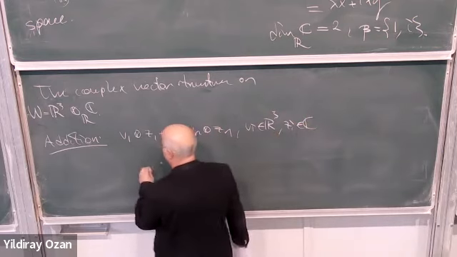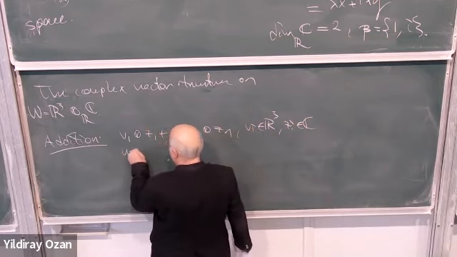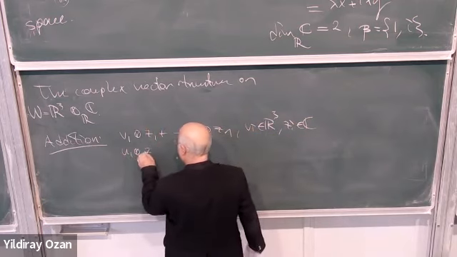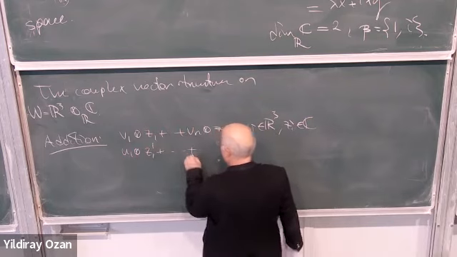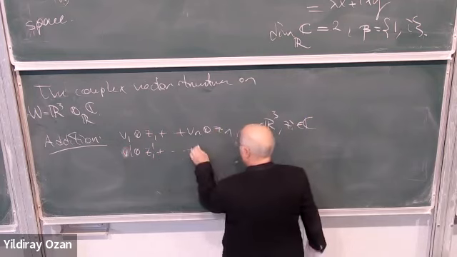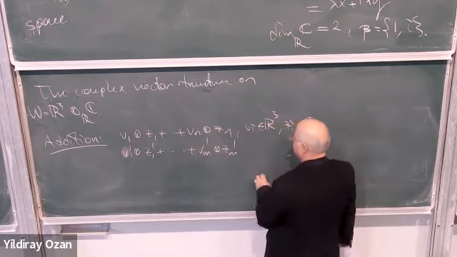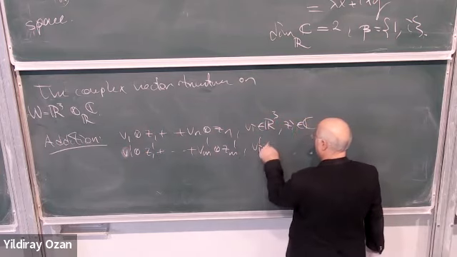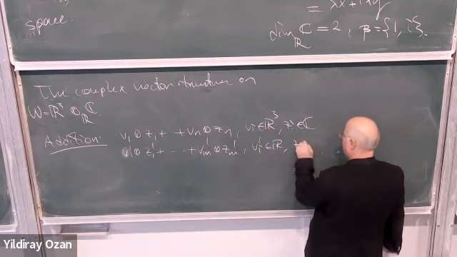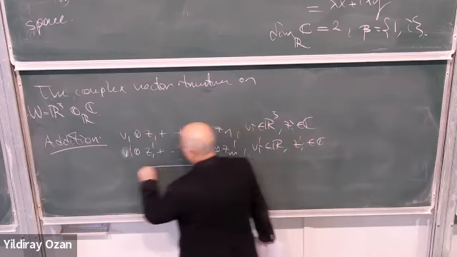If you have two of them, let's say v1 prime tensor z1 prime up to vm prime tensor zm prime, how do you add them up?